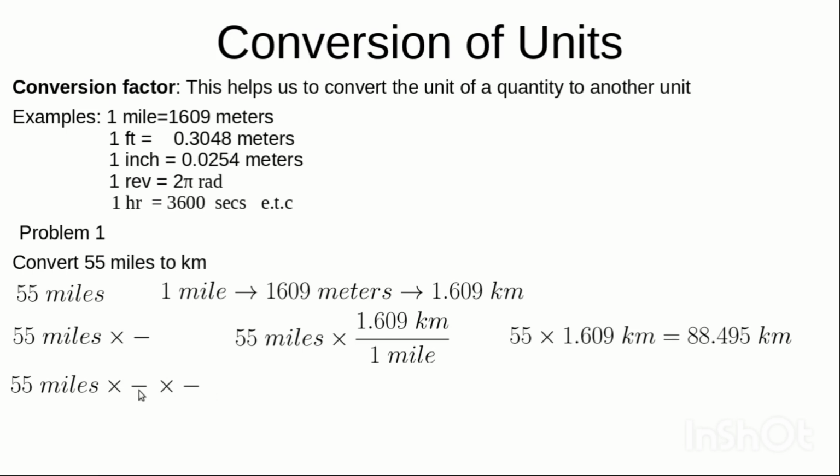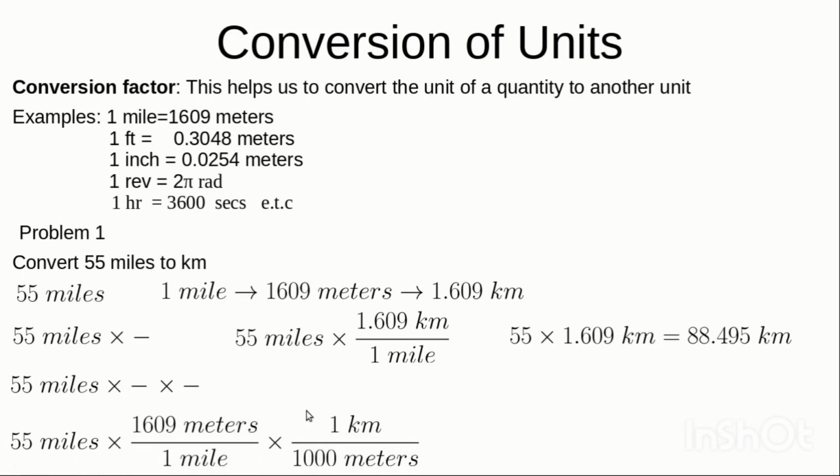Dash 1, dash 2, because we want to follow 2 steps. First of all, to convert from mile to meter, from meter to kilometer, right? So what we now have is miles here. We'll put 1 mile down, then the meters, 1,609 meters up here. Then from that meters up here, we'll now put 1,000 meters and put 1 kilometer here.